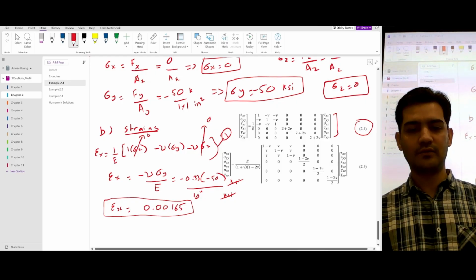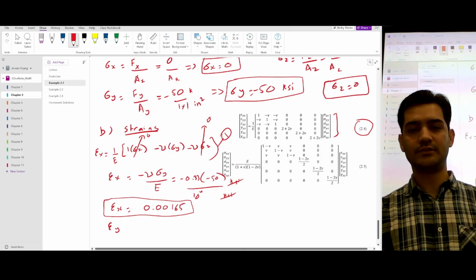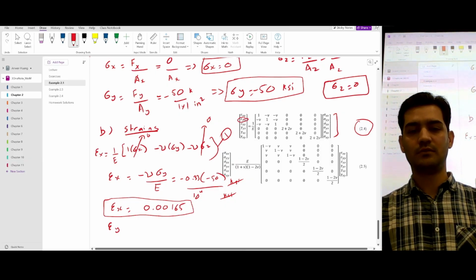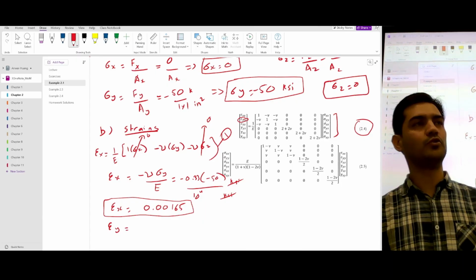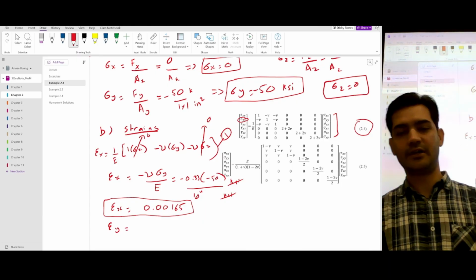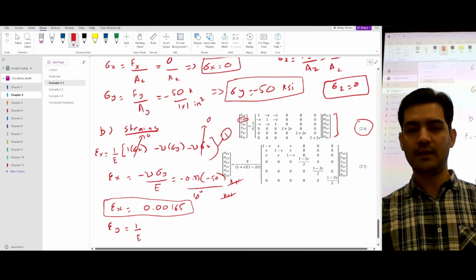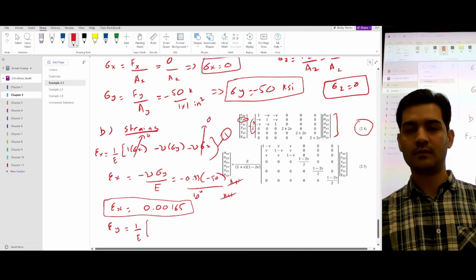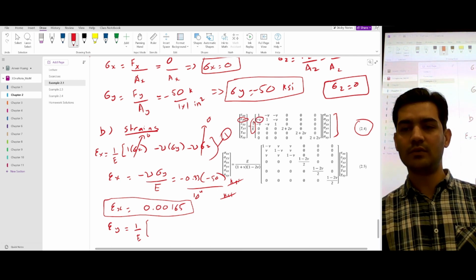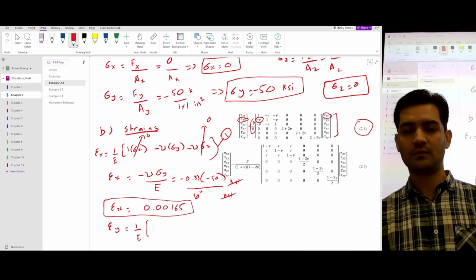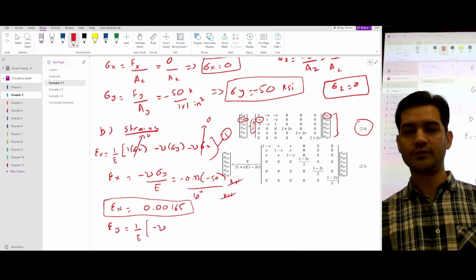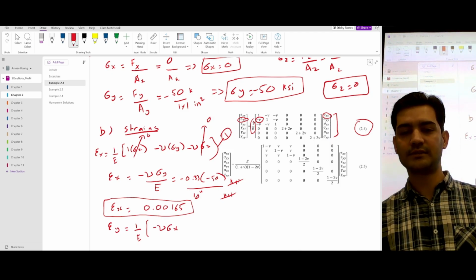Now we have to calculate strain along the y direction, which is this value. And in order to extract the equation from the matrix, we have to multiply this value with this one, which is negative Poisson ratio times stress x.